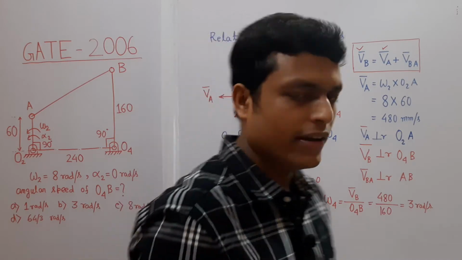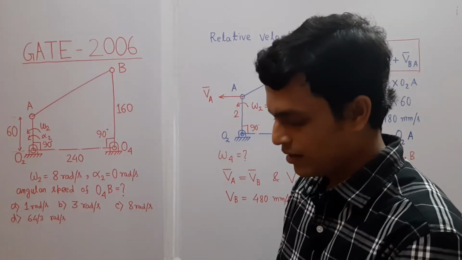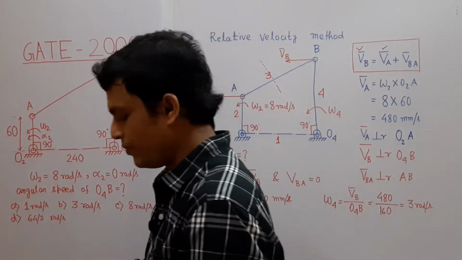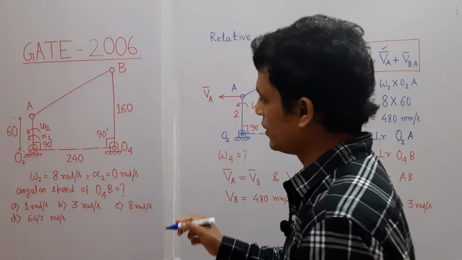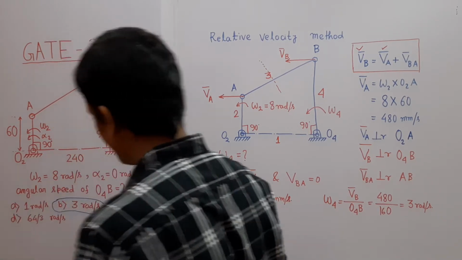So the angular velocity of link O4B is 3 radian per second. So option B is correct. There were 4 options, you have to choose the correct one. So this is my correct answer.